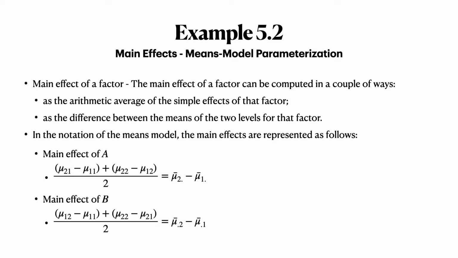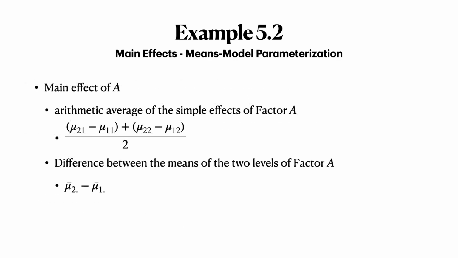And so let's first calculate the main effect of factor A. And let's first use the calculation, which is the arithmetic average of the simple effects of factor A. And so the two simple effects of factor A are mu21 minus mu11 and mu22 minus mu12.